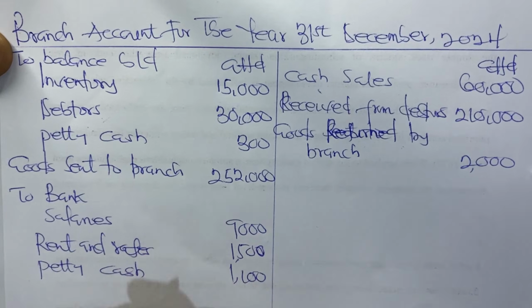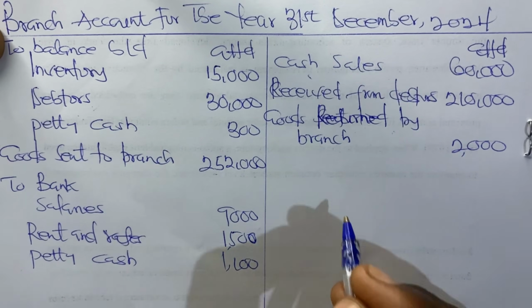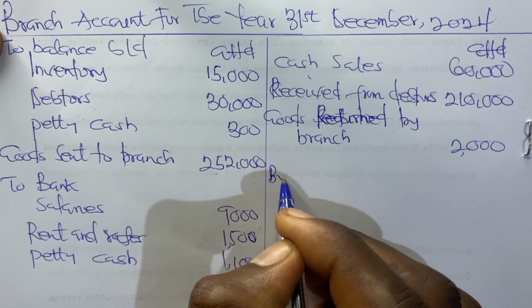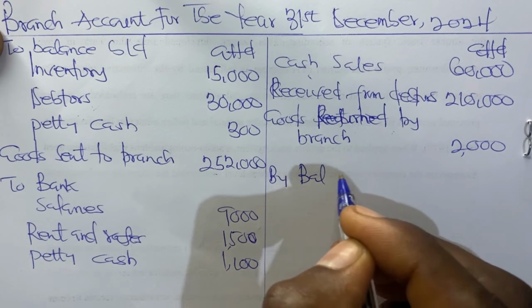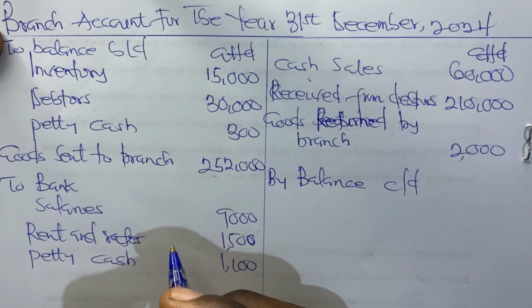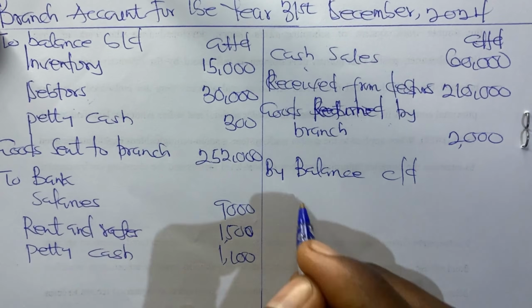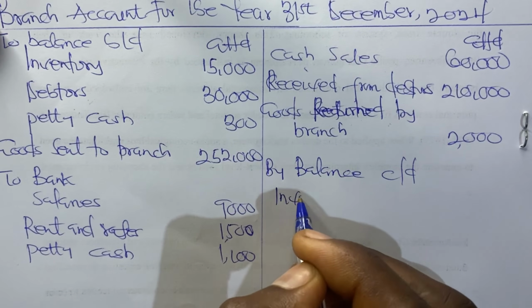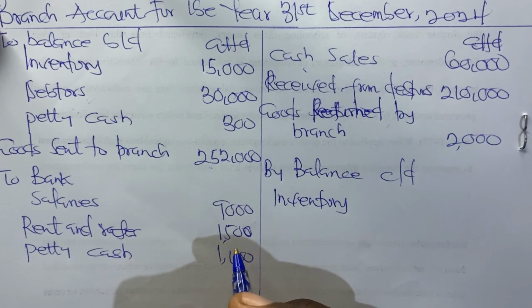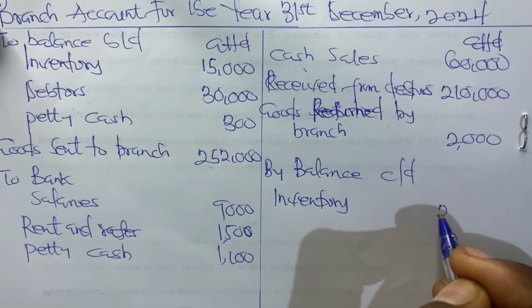Now we record the closing balances of assets at the credit side of branch account. So we'll have another balance. But remember, this balance is the balance CD, the closing balance. So we have inventory, and the inventory value is 25,000.